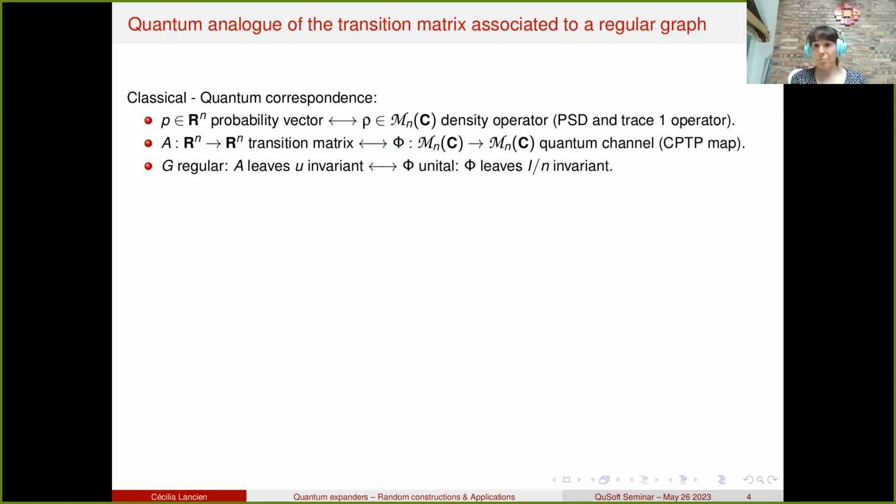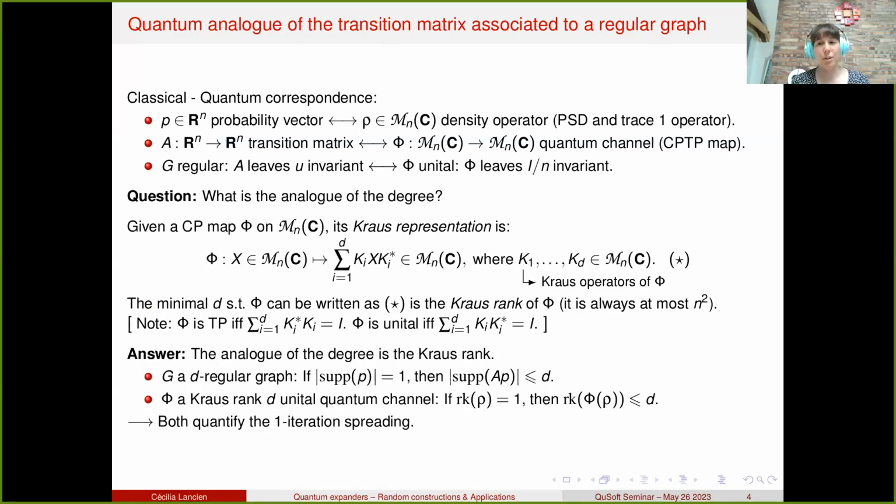So here we have the equivalent of the transition matrix associated to a regular graph: simply a unital quantum channel. One thing we haven't said yet is what the analog of the degree would be. We've seen the analog of being regular, but not the analog of the degree of the graph.